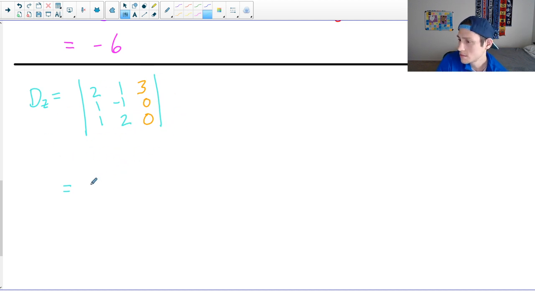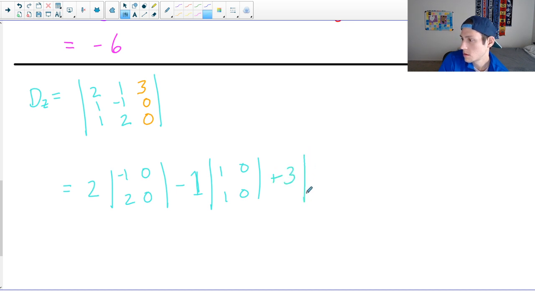Okay, and now the formula. Right, 2 by 2 determinants, 0 minus 0, 0. 0 minus 0, 0.